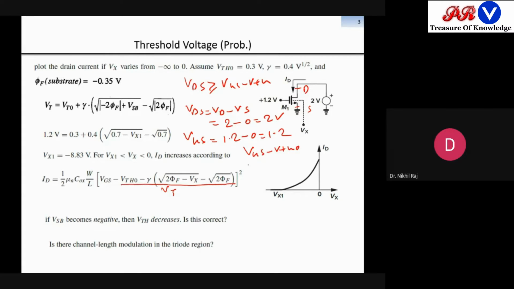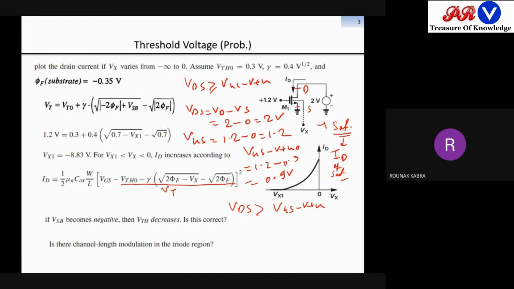That is 1.2 minus 0.3. How much is this? 0.9 volt. So definitely from the figures we can say VDS is greater than VGS minus VTH. So definitely this MOSFET is operating in saturation, so we will use the ID of saturation.